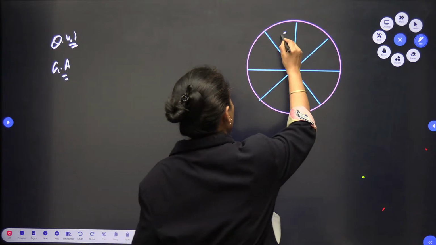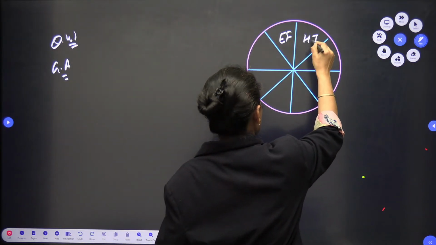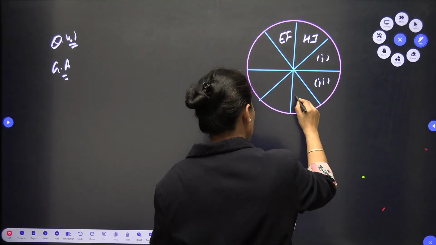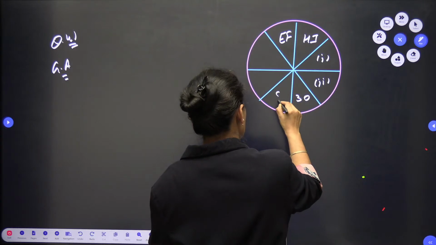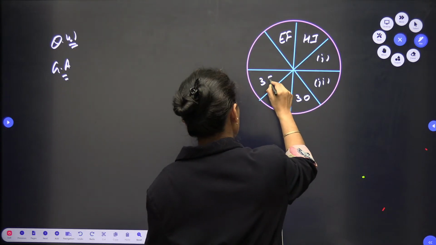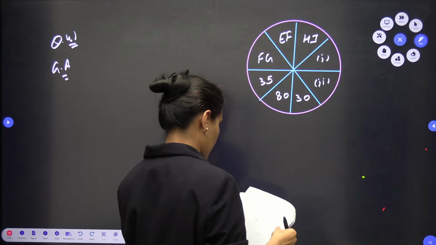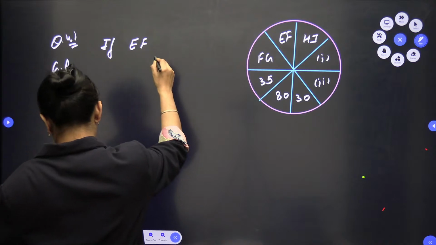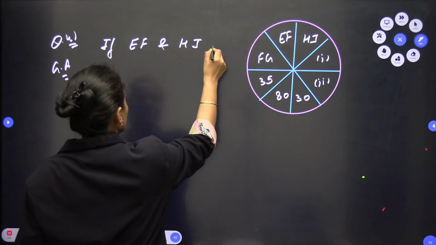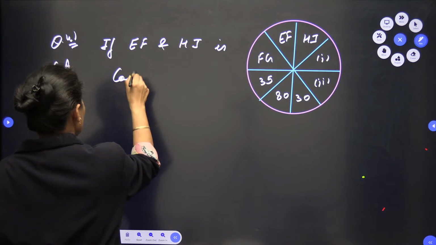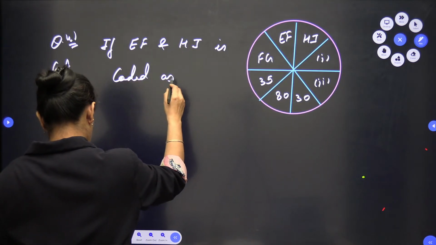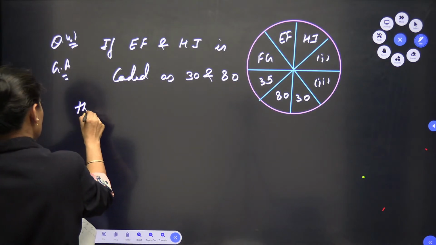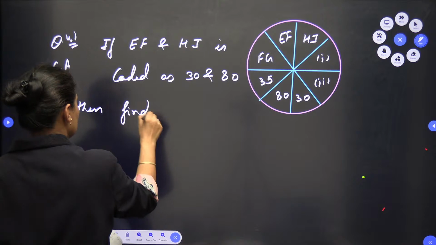EF, then HJ. Then here two blank spaces are mentioned, first and second. This is 30, this is 80, this is 35, and this is FG. They mention here if EF and HJ are coded as 30 and 80 respectively, then find out the unknown values first and second.